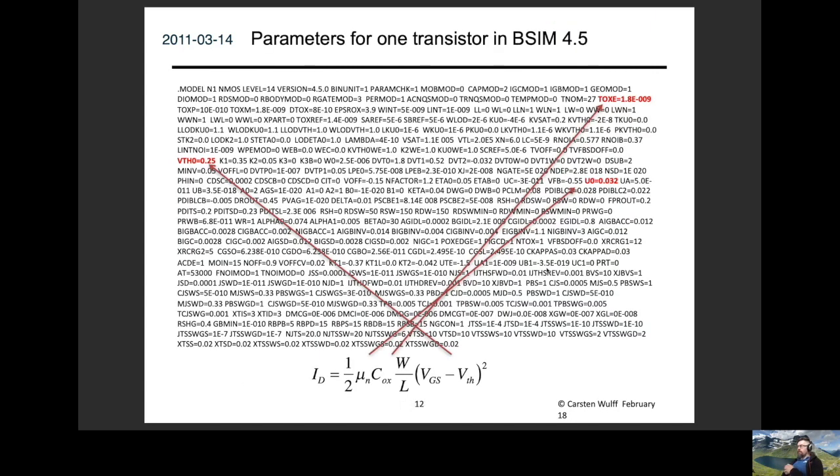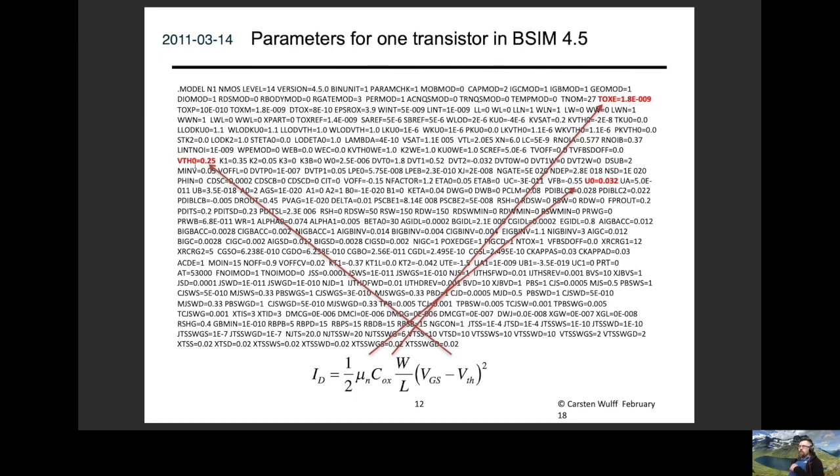And these are the stuff you need to put into this model to get the code, the program, to calculate the drain current. And we can recognize some of these parameters, right? So you have the effective oxide thickness is 1.8 nanometer.